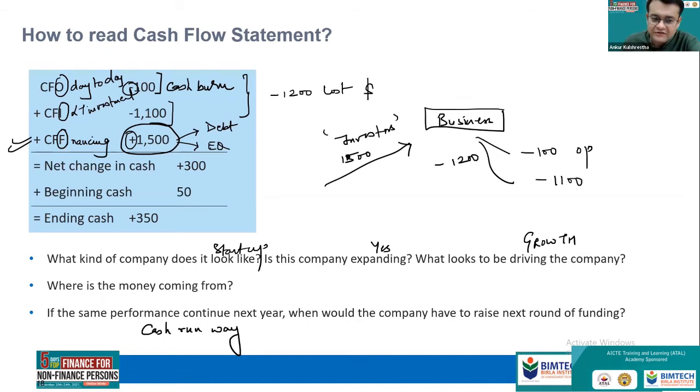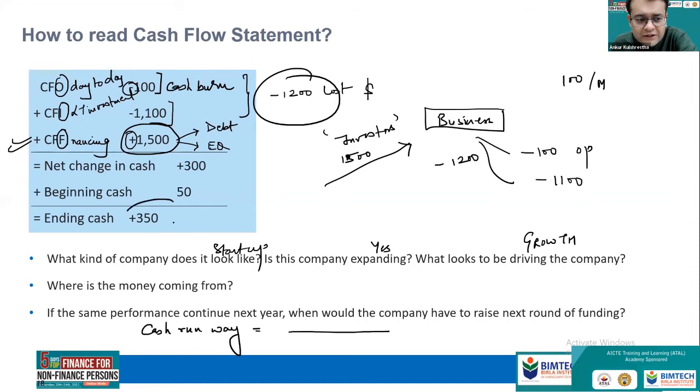So cash runway means for how many months or how many days can the company survive if the situation doesn't improve. You have these many days, these many months to improve your business model. Otherwise, it's going to crash land. So you are consuming 1200 rupees every year, which means a run rate of 100 per month.